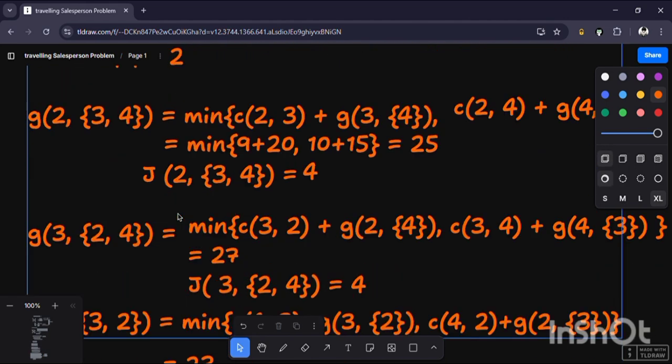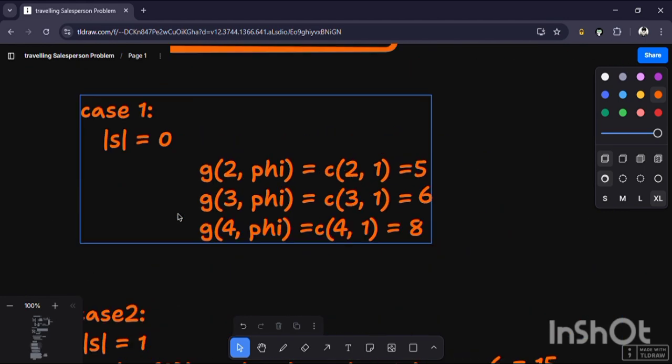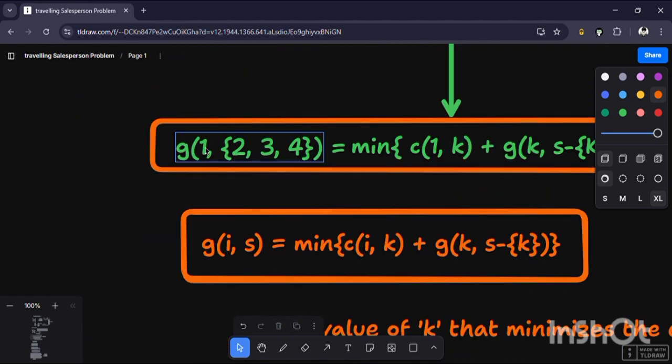Now let's come to our equation. What was my equation? This one I have to calculate, right?